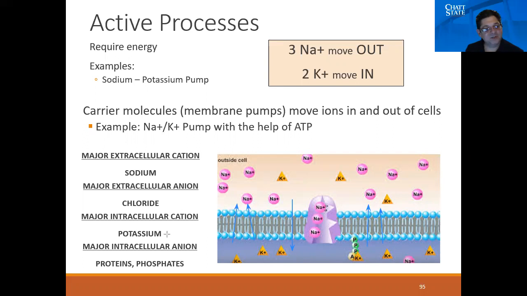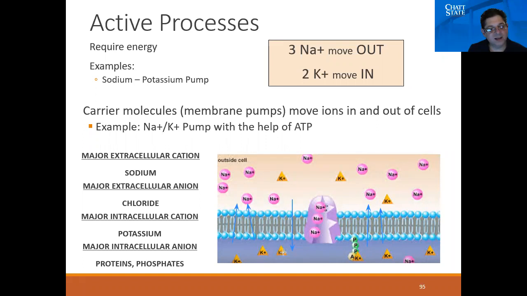Talking about major intracellular cation, since potassium is being pushed in here, that's what makes it the major intracellular cation. And then anion would be proteins, because proteins are naturally being produced inside the cell. And they're so darn big, they don't leak out. They get trapped inside the cell, the proteins do, until they're told to leave through another process.